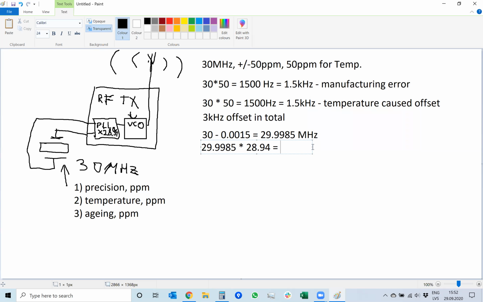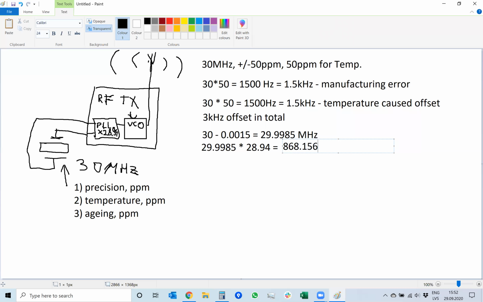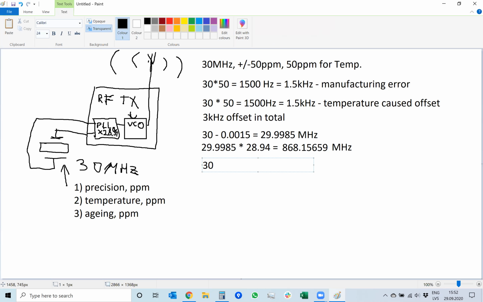So it is 868.15659. Because of the crystal precision or lack of precision and temperature impact, the output frequency is actually totally different from what we expected. We wanted it to be 30 megahertz times 28.94.